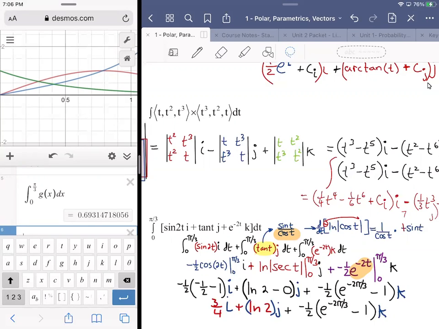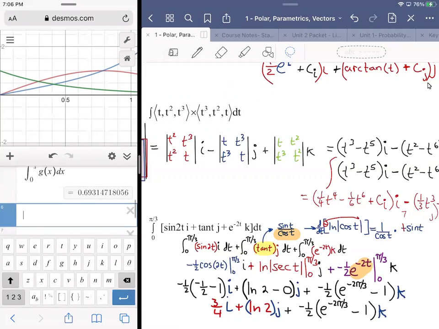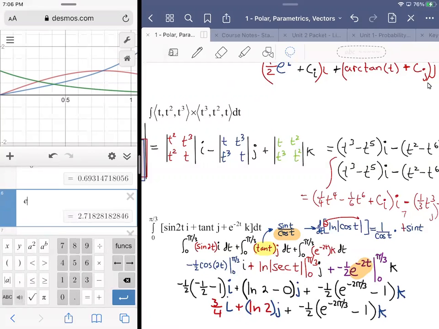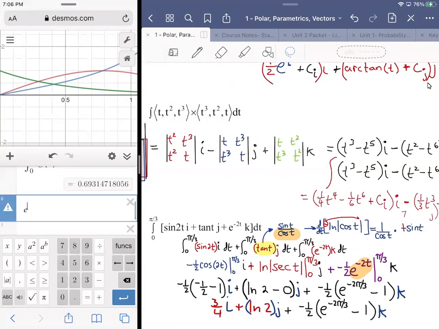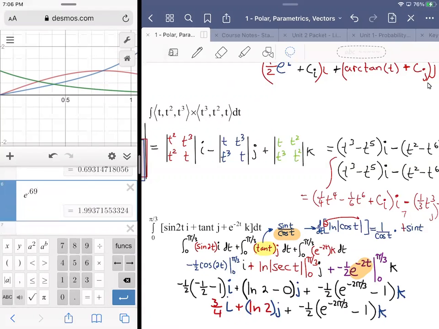But if you know that your answer is supposed to be the natural log of something, then what you can do is raise this expression, make it the power of e, and that'll give you the number that's contained within the natural log, right? So for the sake of brevity, I'll just type in a bunch of digits. And you can see the more digits that I type in, the closer it gets to being a 2.